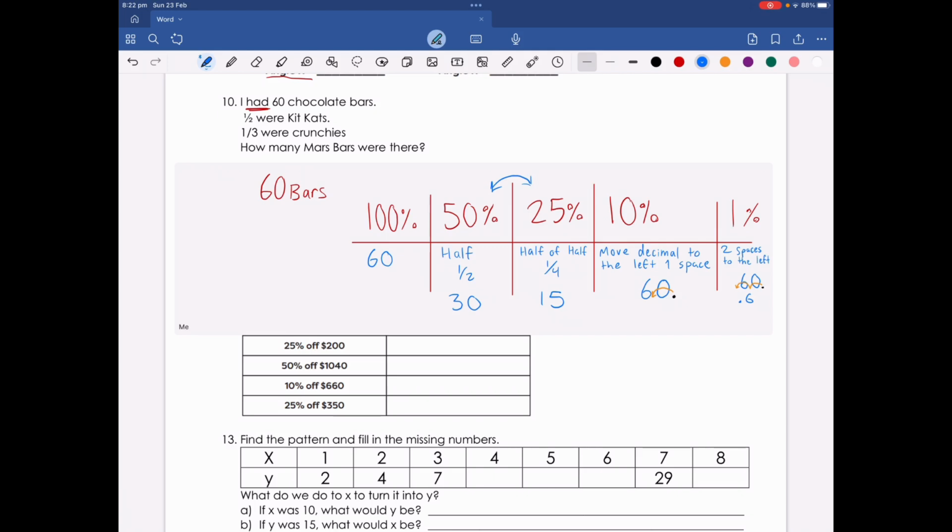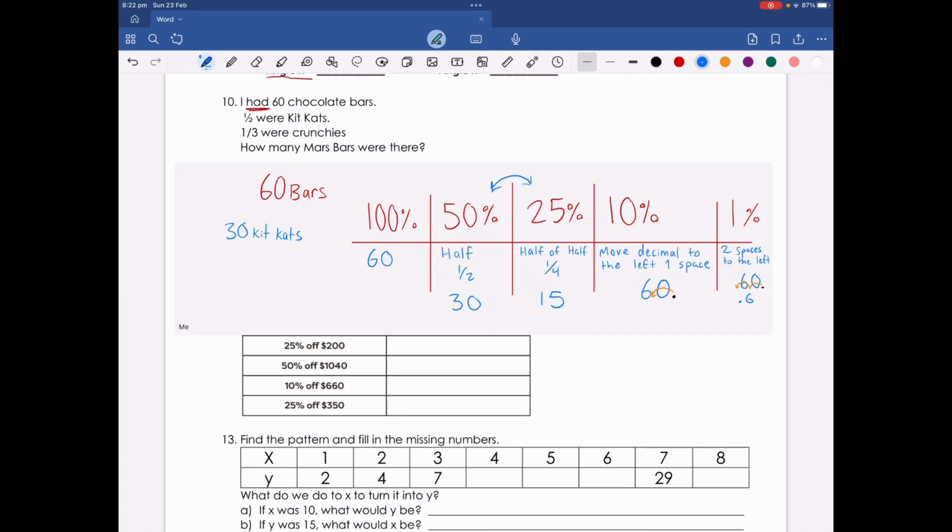All right, this was just telling you key percentages that you want to know. So half were Kit Kats. We have 60 bars in total, and half were Kit Kats. Well, we know that half of 60 is just 30. So we know that we have 30 Kit Kats, and a third were Crunchies. So how are we going to find out a third?